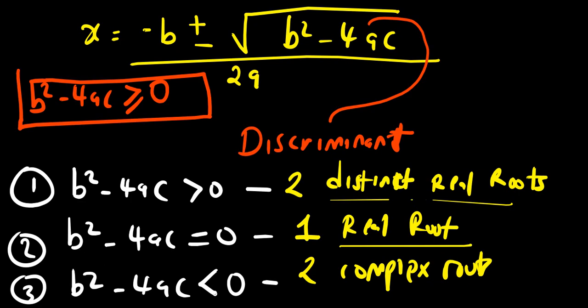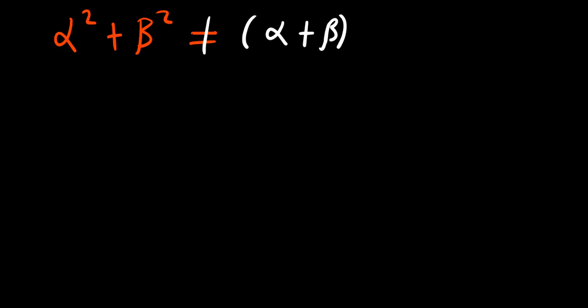Okay, now let's go back to our alpha and beta expressions. Now let's talk about powers of these ones. Let's say you have alpha squared plus beta squared. This is where most students make mistakes. It is not the same as, because of pressure you just write alpha plus beta, then you square it.